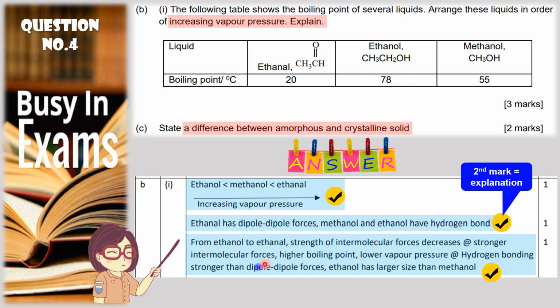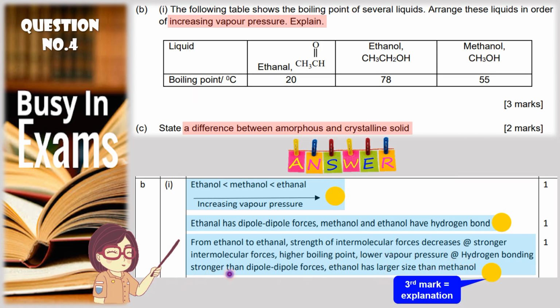The first point. Second point: from methanol to ethanol, the strength of intermolecular forces decreases. You can write stronger intermolecular forces, higher boiling point, lower vapor pressure. Or you can write hydrogen bond is stronger than dipole-dipole forces. And ethanol has a larger size than methanol. So 1 mark.